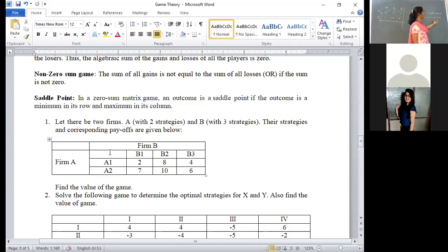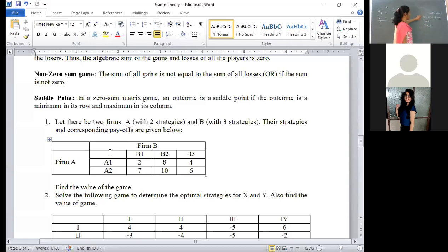Row minima is equal to column maxima, same value. If you get it on LHS as well as RHS, then the particular game has a saddle point. If a saddle point exists, the player opts a particular course of action. That is called pure strategy. If row minima is not equal to column maxima, that means a saddle point doesn't exist for that game. That is called mixed strategy.